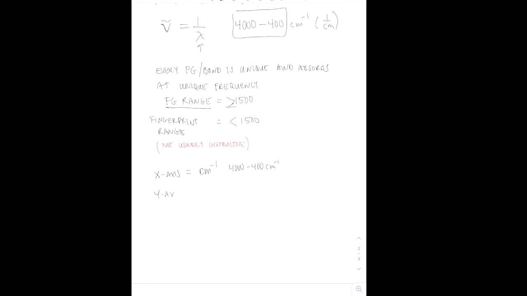And then we also have the y-axis, which is equal to percent transmittance. And that's basically how much light makes it through.